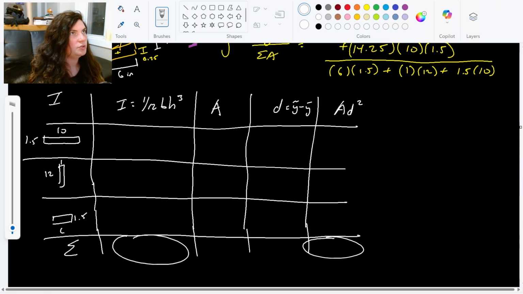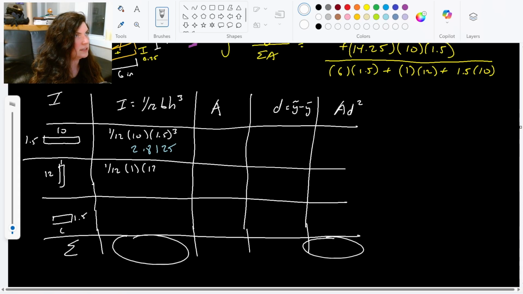All right, so let's go ahead and do these for each of these. For this shape, 1/12 base is 10 times height is 1.5 cubed. Plug that in my calculator, and I get 2.8125. Next shape down, 1/12 base is 1, height is 12 cubed.